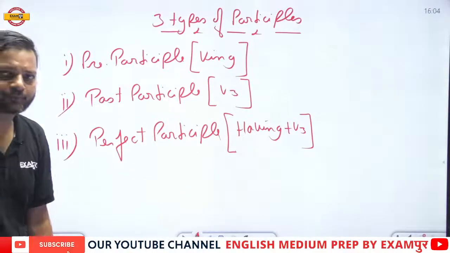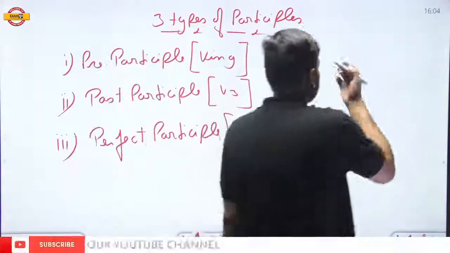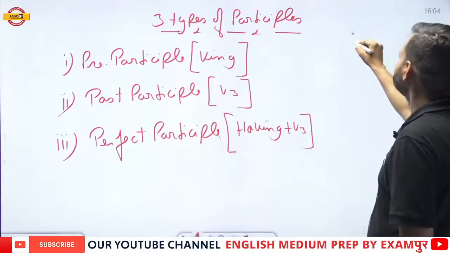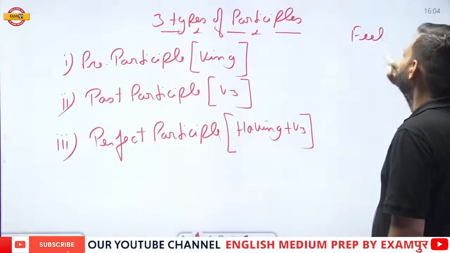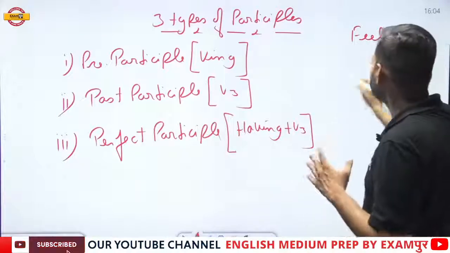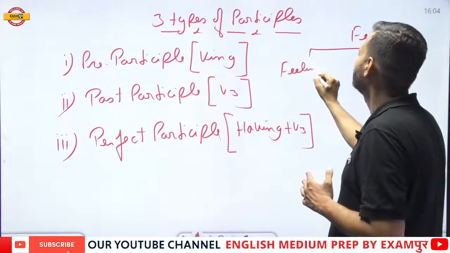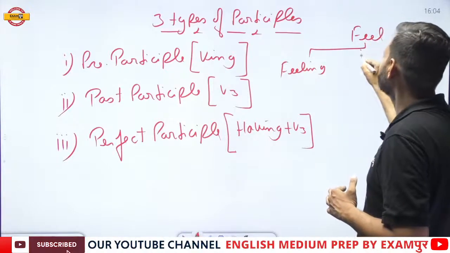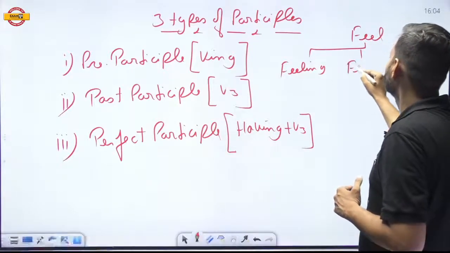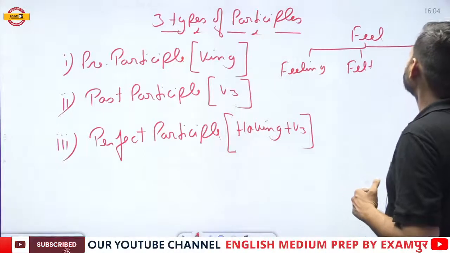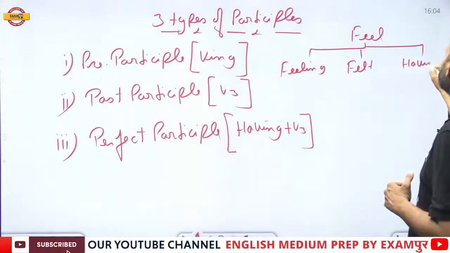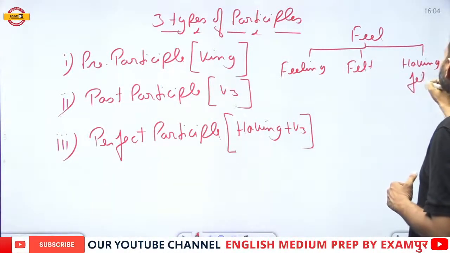For example, if we have the verb feel, what will be the present participle of feel? Feeling. What would be the past participle? Felt. And what would be the perfect participle? Having felt.